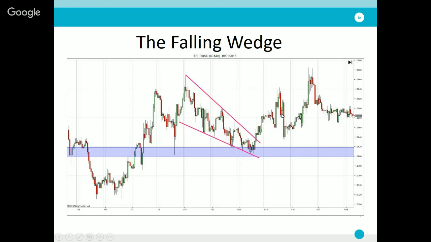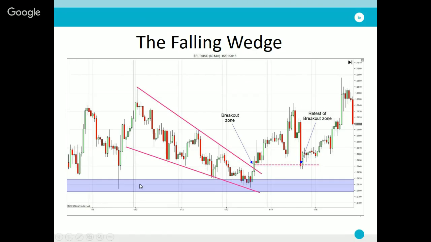Now, this retest can either be a retest of the actual descending trend line, depending on the gradient of the trend line and the gradient of the move out of the wedge, or it can be a retest of the actual breakout zone as horizontal support. And there will be times, obviously, where the two are in confluence together. So let's zoom in on that and take a look at it in a bit more detail.